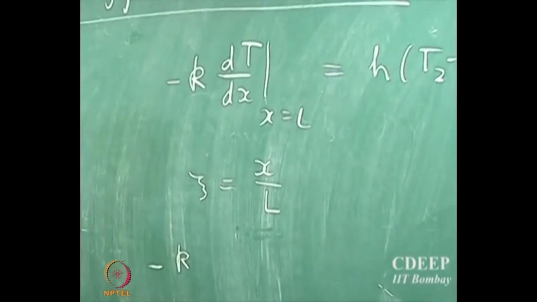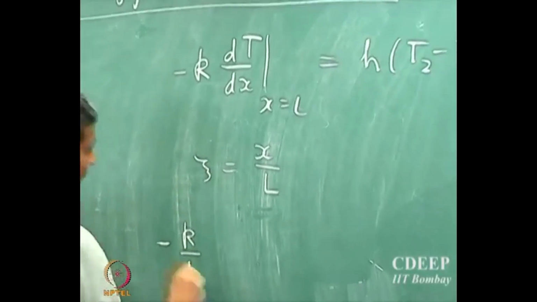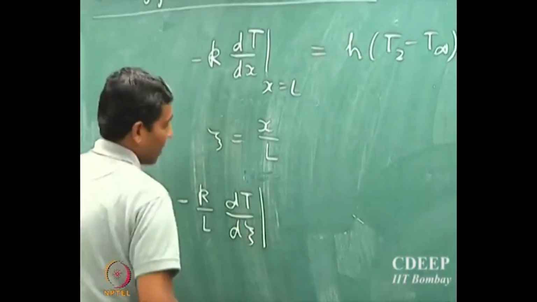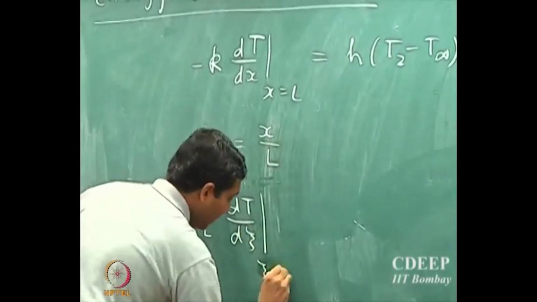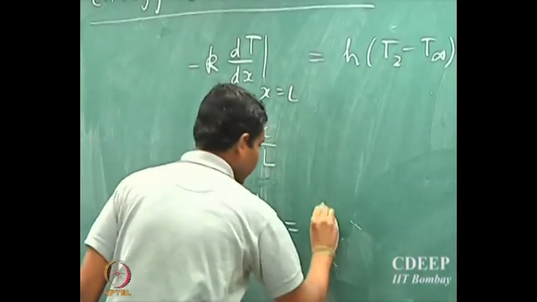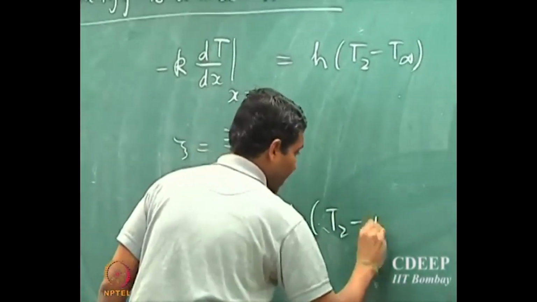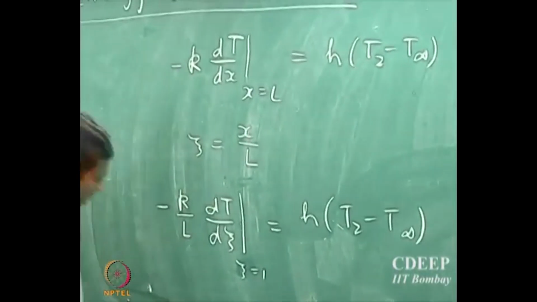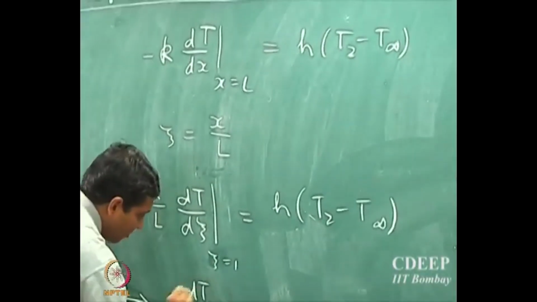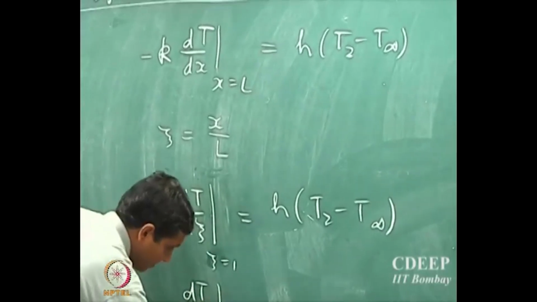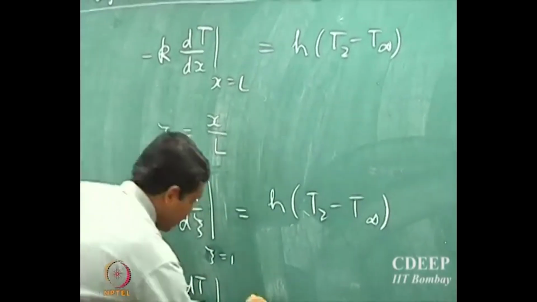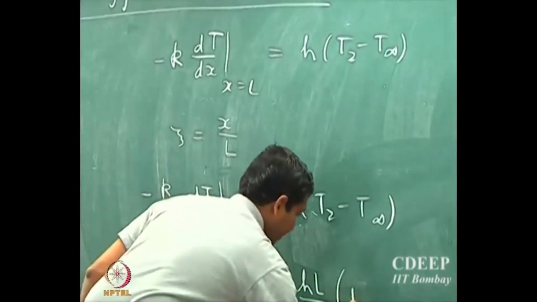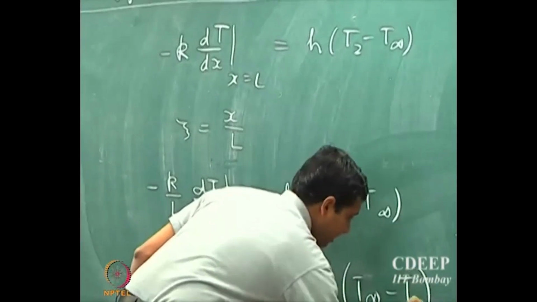So it will be minus k divided by L into dT by dz at z equal to 1, that's equal to h into T2 minus T infinity. Okay. So I can do an algebraic manipulation of this. So dT by dz at z equal to 1 is given by h into L by k into T infinity minus T2.